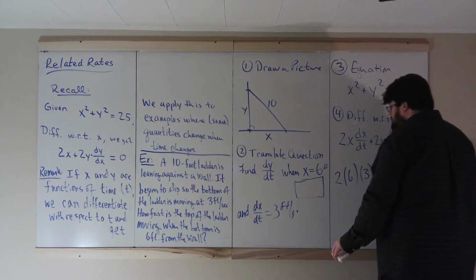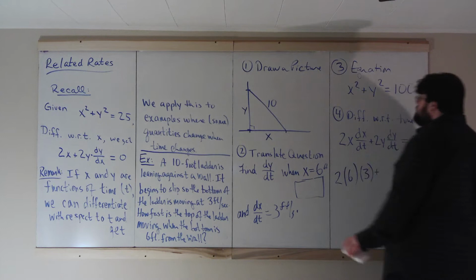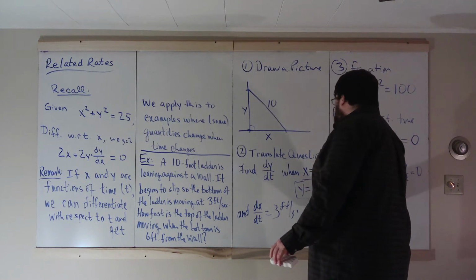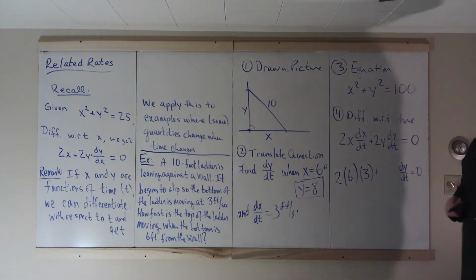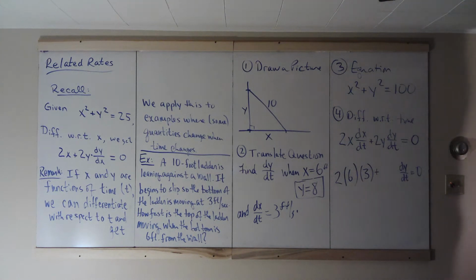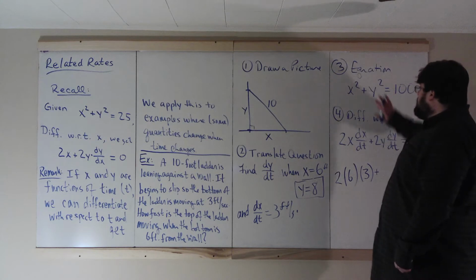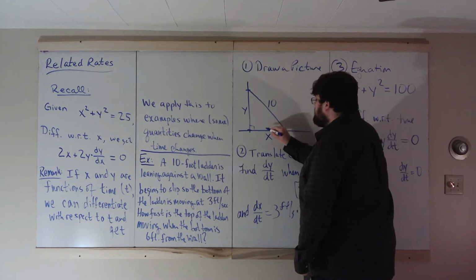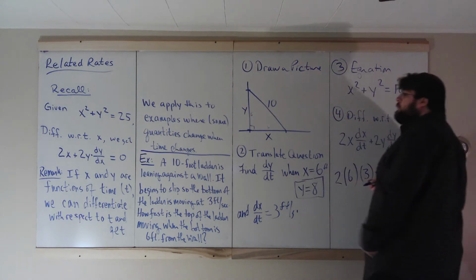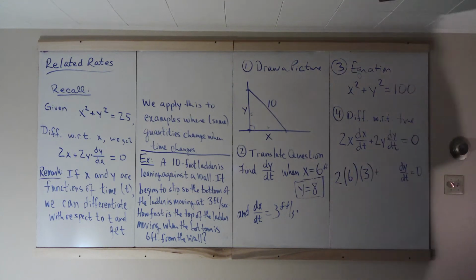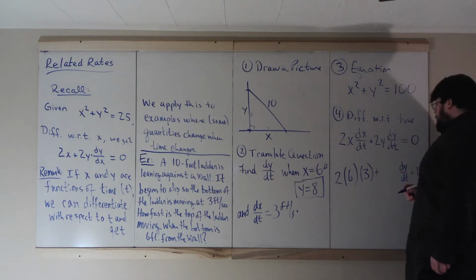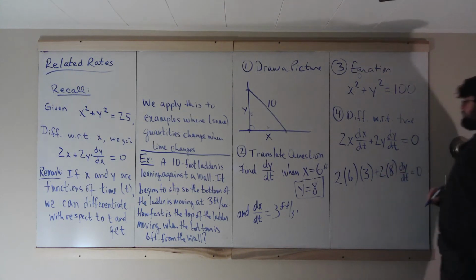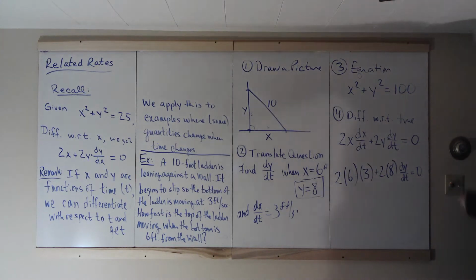Well, yes, we do. Because we have a given x value, we can use this equation to find y. In this case, y would equal 8. Why does y equal 8? Well, you could substitute here and then do the square root of 64. You could also remember that we have a 6, 8, 10 right triangle with sides in ratio 3, 4, 5. Either way. So y equals 8. Making the substitution gives us a bunch of numbers and the quantity we want.